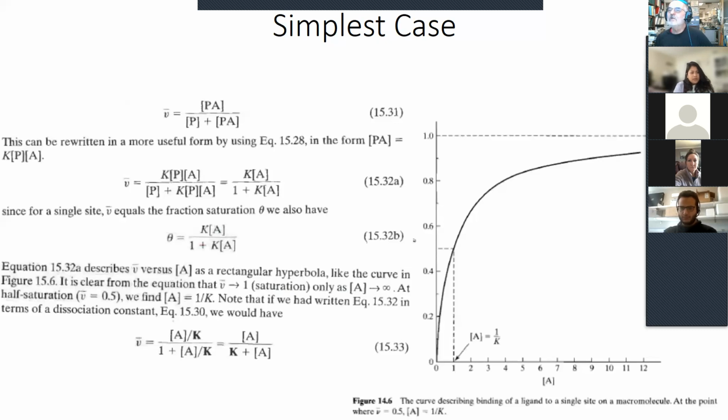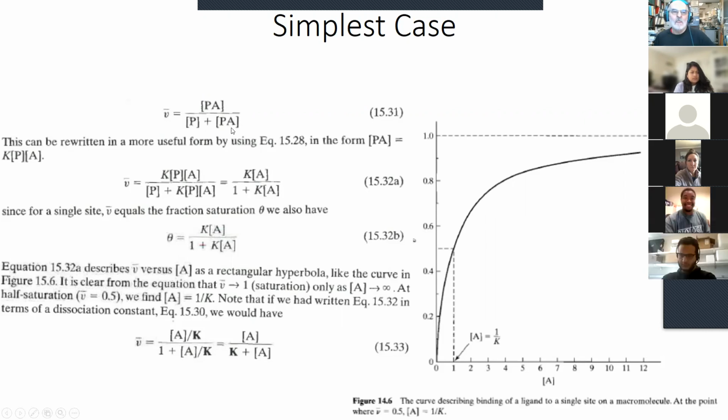Okay, and in this particular case, you can express this new parameter in terms of the concentration of bound ligand. The only bound form is PA, and so that's expressed in the numerator, divided by the total concentration of protein, which is the sum of P and PA. Okay, so the unligated or unbound form plus the bound or ligated form. All right.